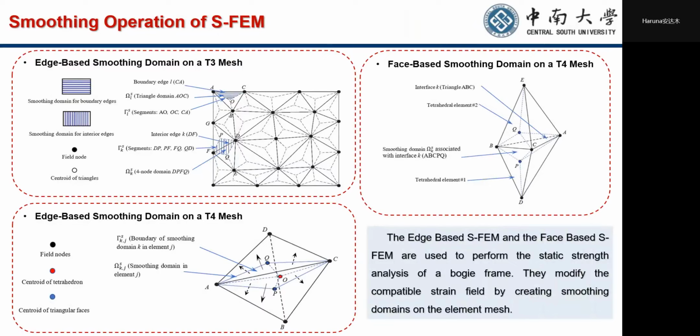This helps it to improve the accuracy and the solution process by adding an extra step. We call it the smoothing step, or the smoothing domain is introduced into the mesh. It's just an extra step. And for today, we'll be using the edge-based SFEM and the face-based SFEM to perform the static strength analysis of the bogie frame.